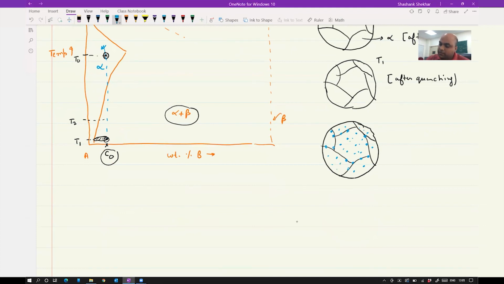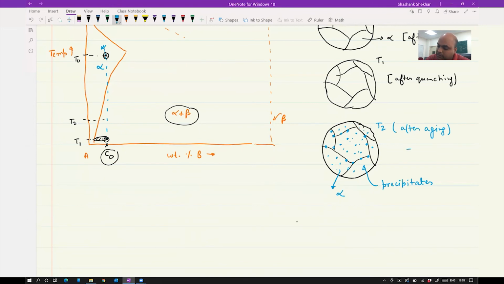Okay, so this is the microstructure at T2 after, say, aging. And these blue ones that I have drawn are precipitates. And the remaining matrix is obviously going to be alpha, right? So here we also have alpha.